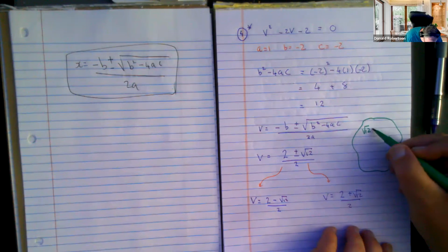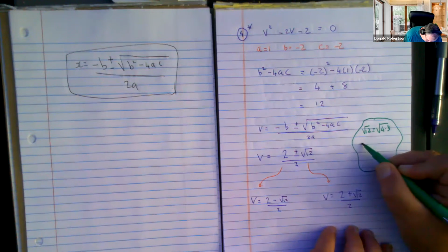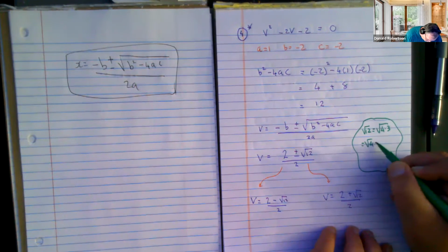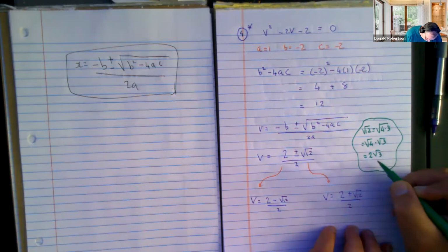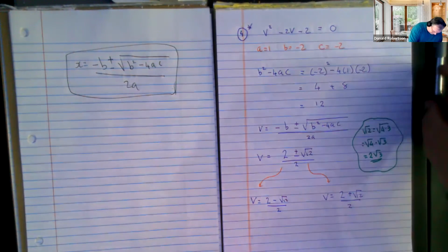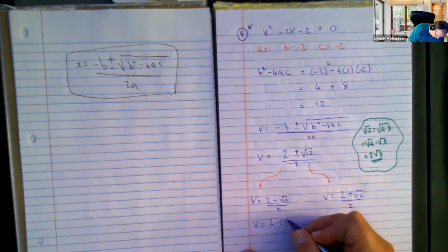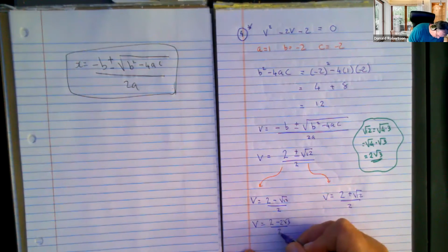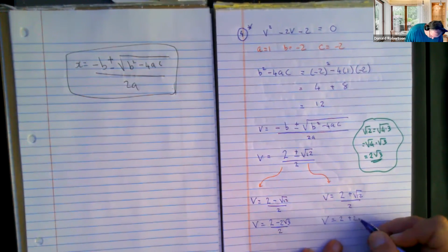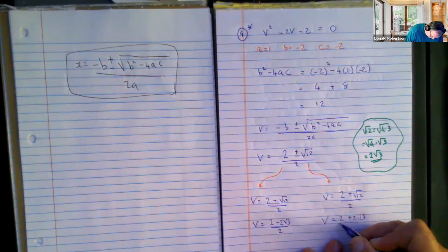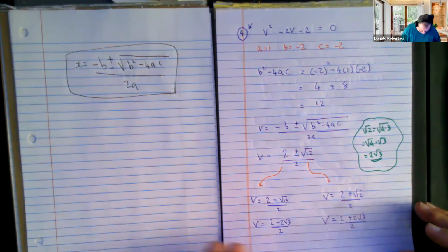And if it can, you should. So it's going to be 4 times 3. So that's the square root of 4 times the square root of 3, which ends up being 2 root 3. So we now have 2 take away 2 root 3 over 2, and the other answer is 2 plus 2 root 3 over 2. Now that's nicer, but we can do a little bit more.